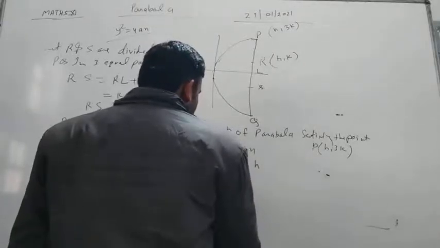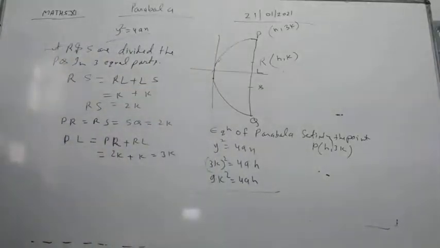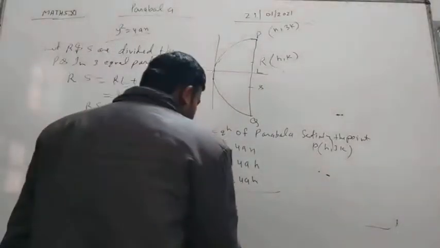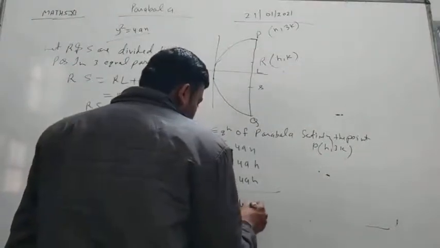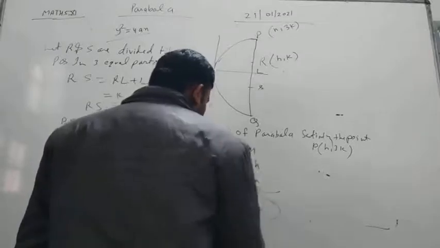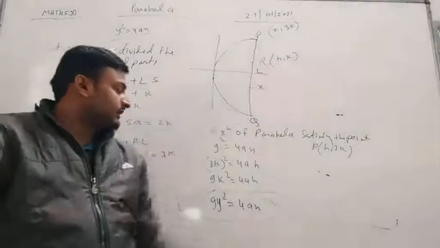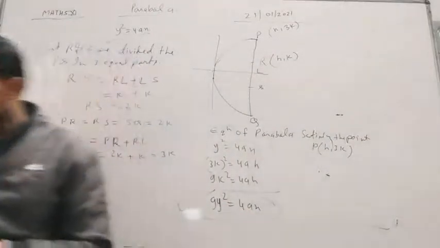Now 9k square is 4ah. Hence the locus of h, k is 9y square is equal to 4ax. So this will be our result: the locus of h, k is 9y square is equal to 4ax.